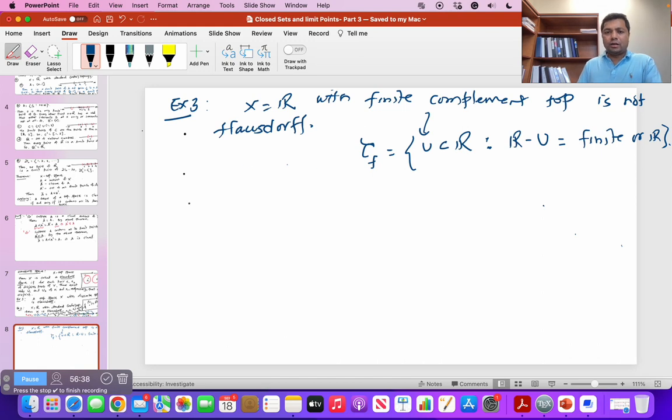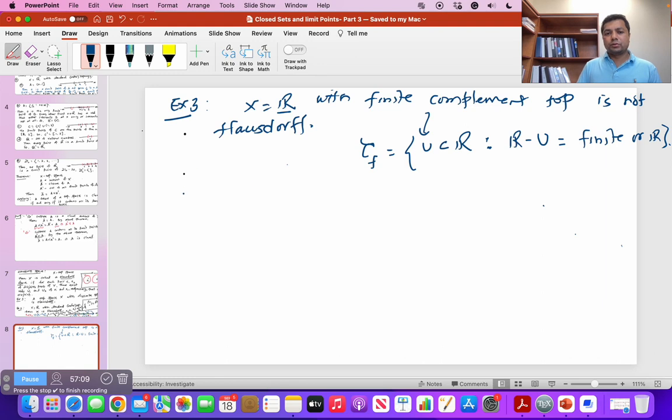Now you can see why the set of real numbers is not Hausdorff with the finite complement topology. We're going to use the contradiction method. Contradiction method means, let's say R is a Hausdorff space with the finite complement topology.